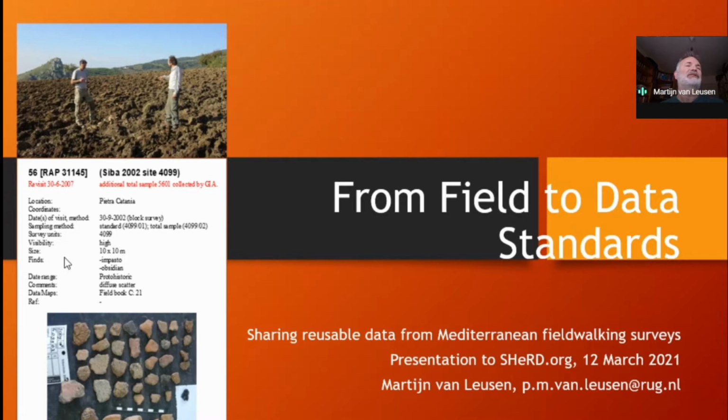And what you see here is just, let's say, a very old temporary record of the site catalog, but it shows you the kinds of things that are important to record once you have decided that something is a site. I'm going to assume that all of you are familiar with this. I'm not going to explain any further about surveying.